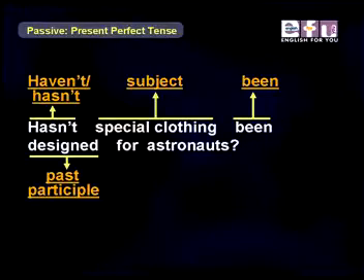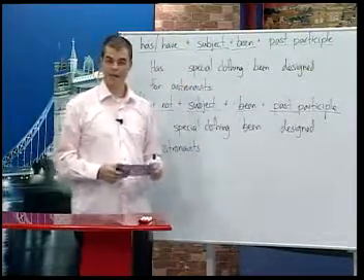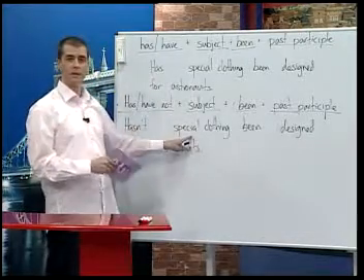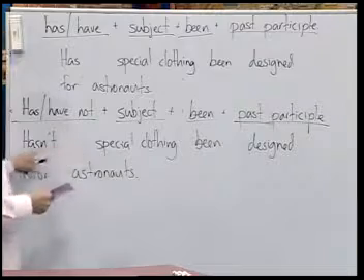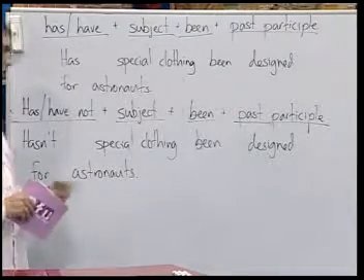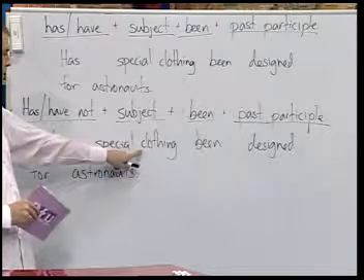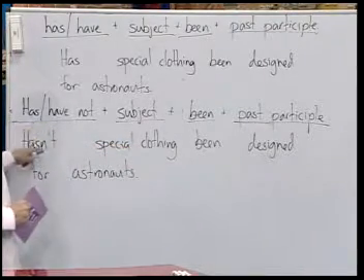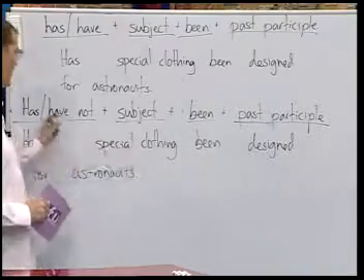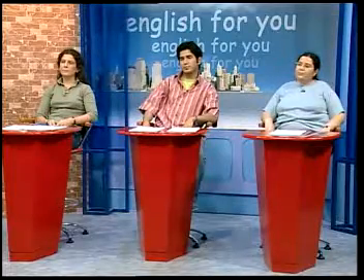Okay, hasn't special clothing been designed for astronauts? Now again, as usual, the passive voice subject tells us if we use the singular or the plural negative. Has for the singular, special clothing is one uncountable noun, so hasn't, or if it was plural, have not.